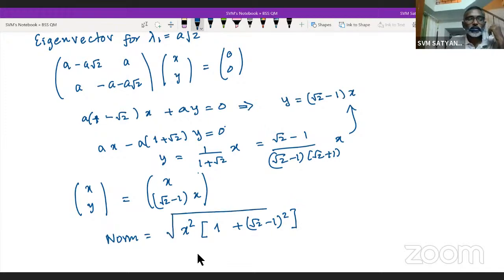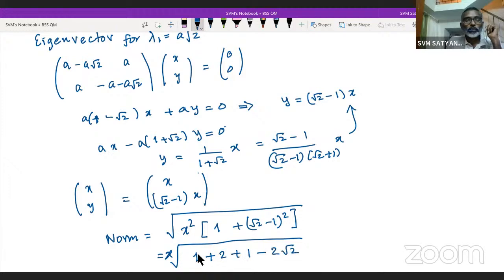That is equal to x times square root of 1 plus 2 plus 1 minus 2 root 2, so that is x times square root of 4 minus 2 root 2.